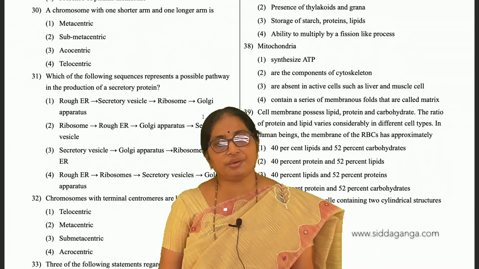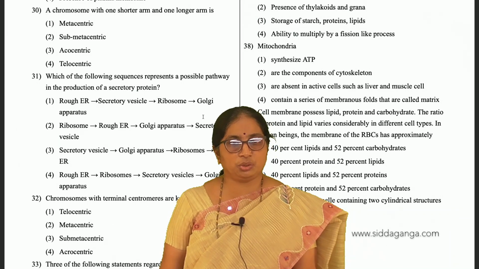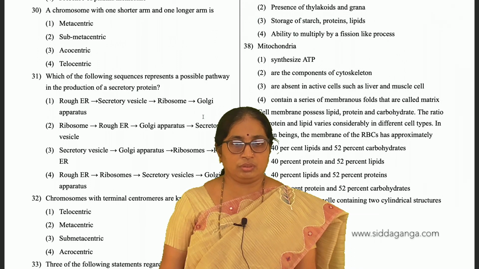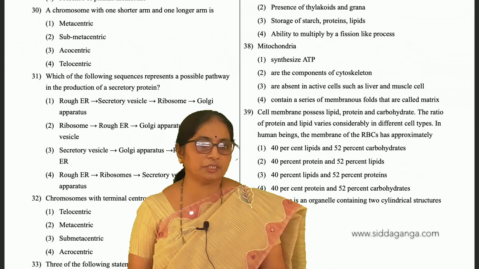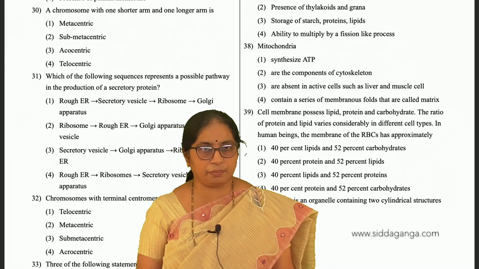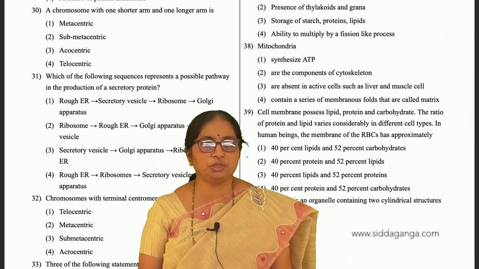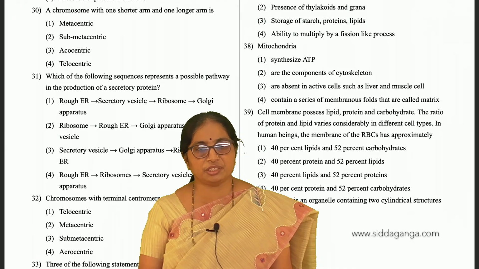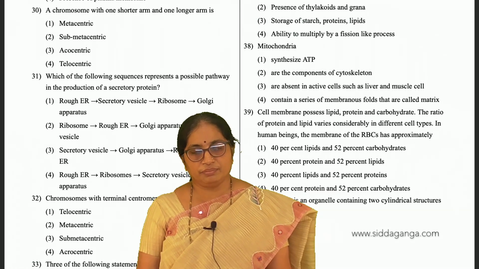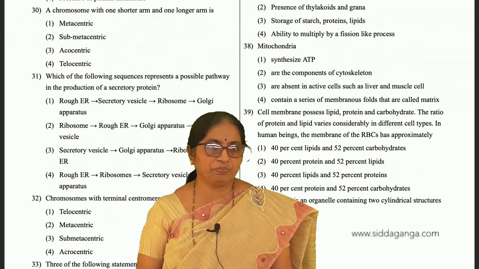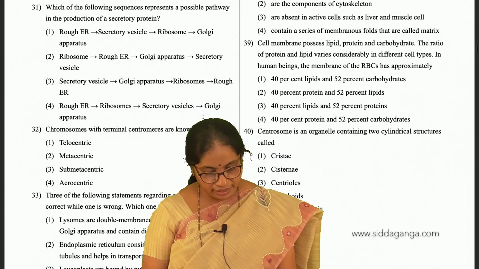Even in acrocentric, one is shorter and one is longer, but one is too short and one is too long there. But here, to avoid the confusion, instead of giving acrocentric, they have given a spelling mistake so that you need not pick option 3. So you can boldly go with submetacentric, that is option 2, for question number 30. Telocentric has the centromere almost at the terminal end of the chromosome, and therefore the right answer is option 2. Next question. 31.